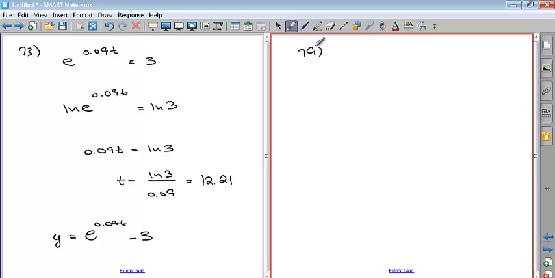Okay, 79. Solve the logarithmic equation algebraically. Approximate the results to 3 decimal places. So the previous ones were exponential equations. These are logarithmic equations, but they're a very similar solution.